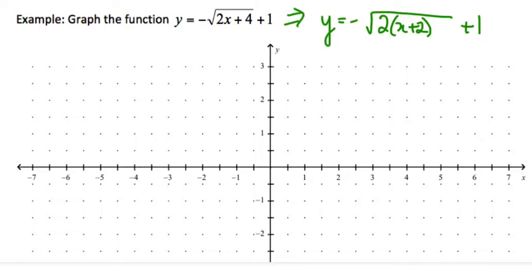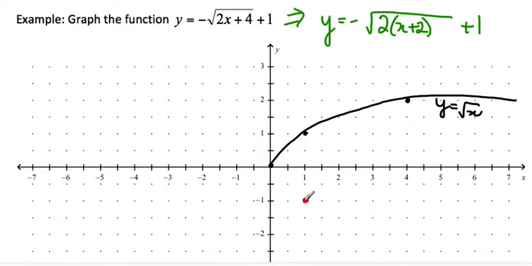I'm going to start with the base function. So the base function is the square root function. So 0, 0, 1, 1, and 4, 2. There's our function, y equals the square root of x. Now we're going to start our transformations. This negative causes a reflection in the x-axis.